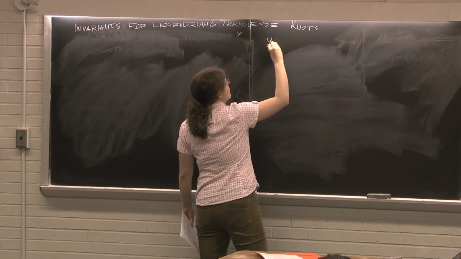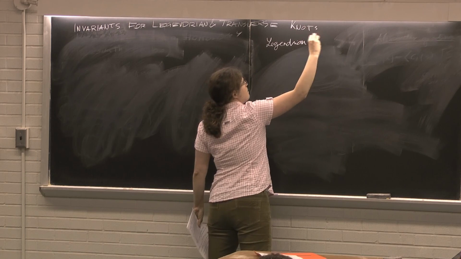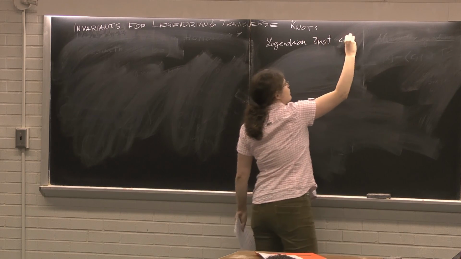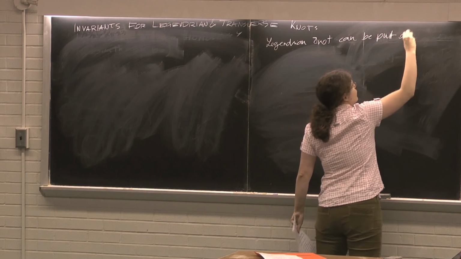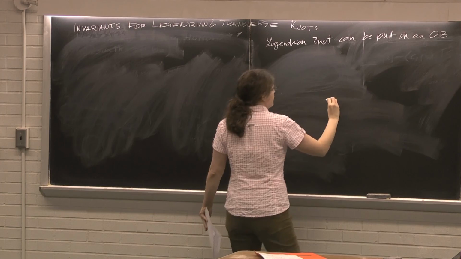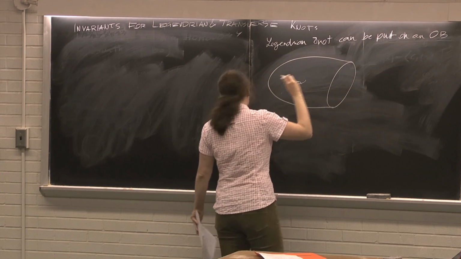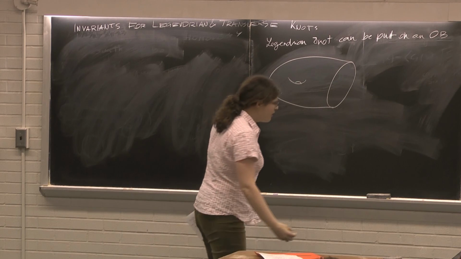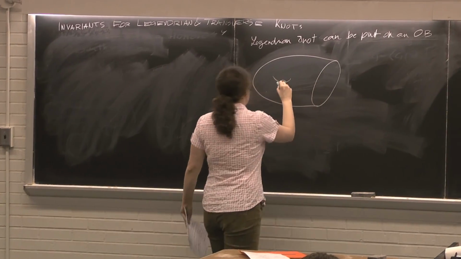So meaning that I have my Legendrian knot, and it's going to sit somehow, this is usually green, on the page of an open book.